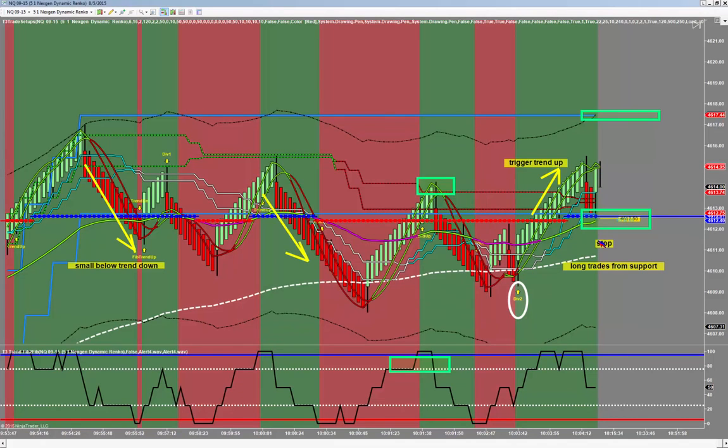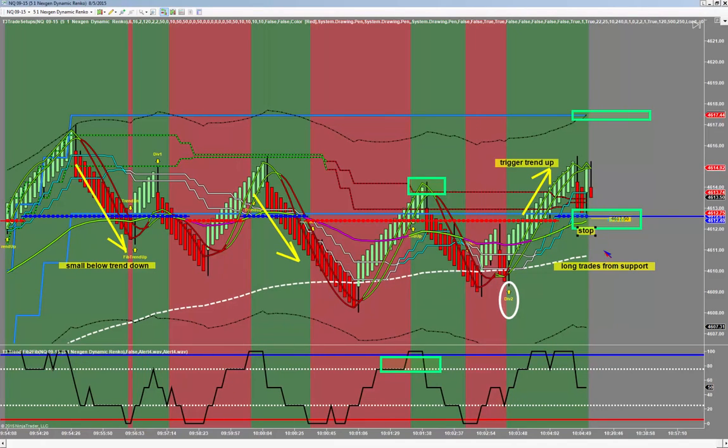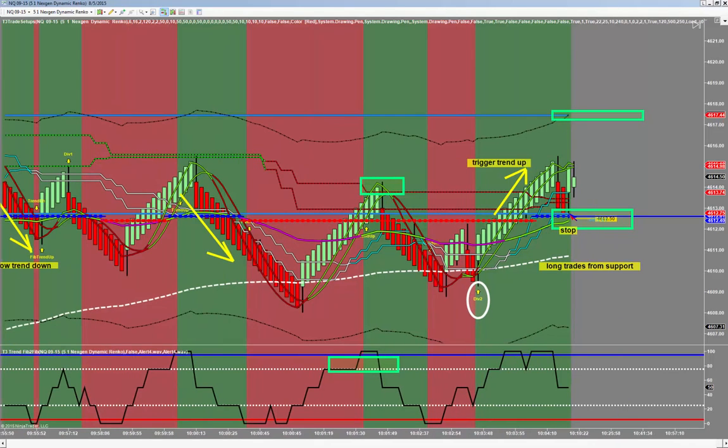Your stop is right below the pivot, right? If it gets back down below there, then that's the end of that trade. And we talked also about, can you buy that area aggressively?